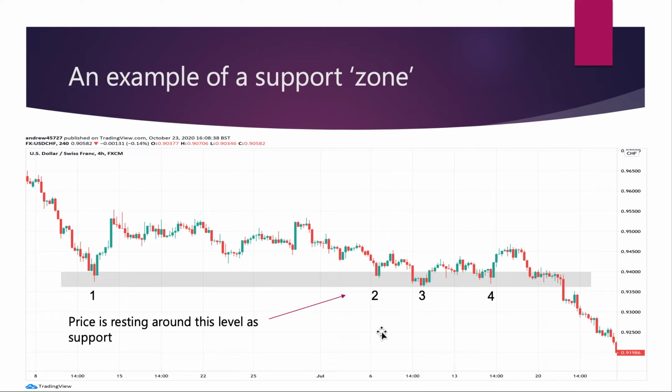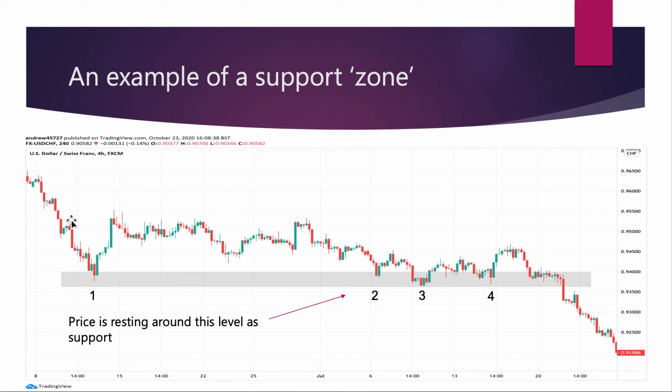If you were to set just a level here on the first touch, and you set a horizontal line at the bottom of that red candle, your line would go straight through touches three and four, which makes it not a very credible support level for you.